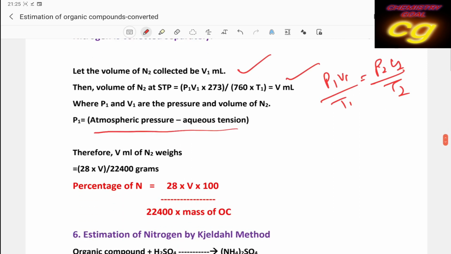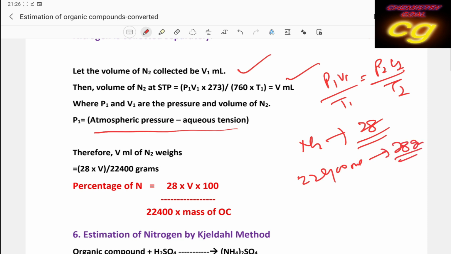Then after conversion of the volume of nitrogen at NTP, you calculate the mass. We know that nitrogen is N2, molar mass is 28. So 22,400 ml is equal to 28 gram.